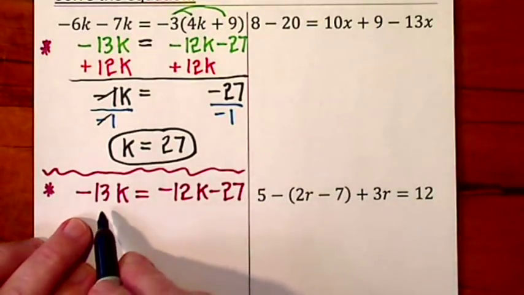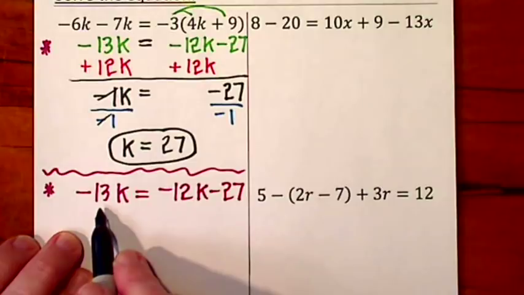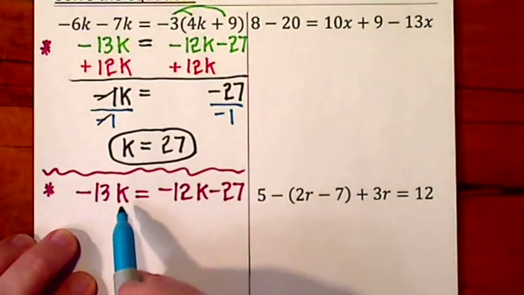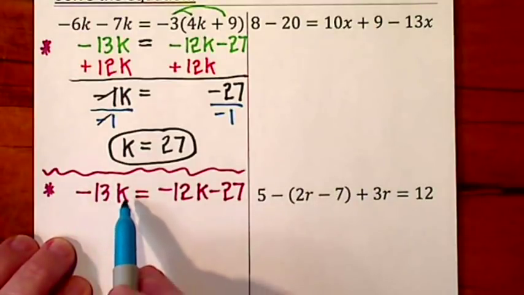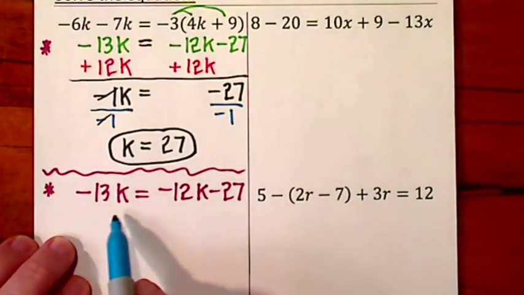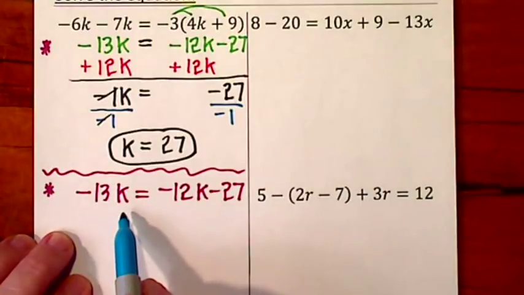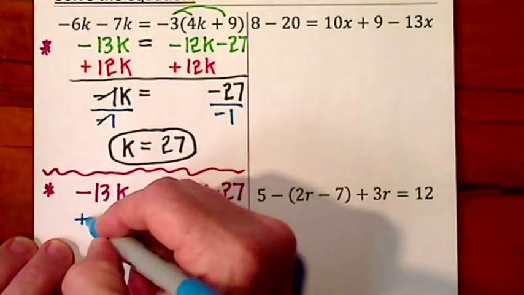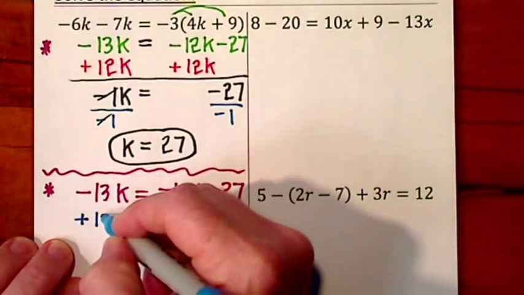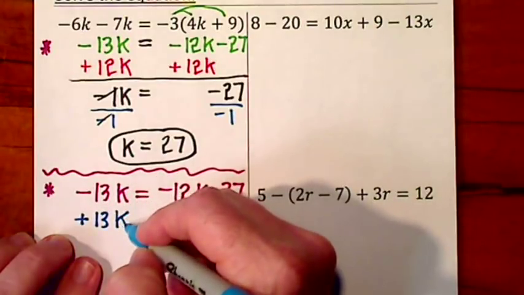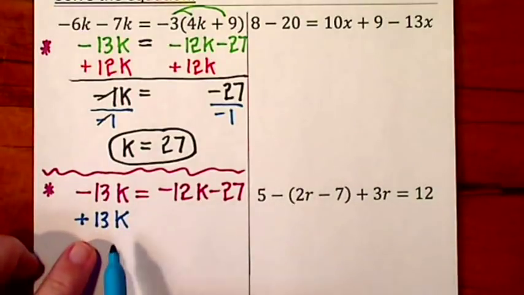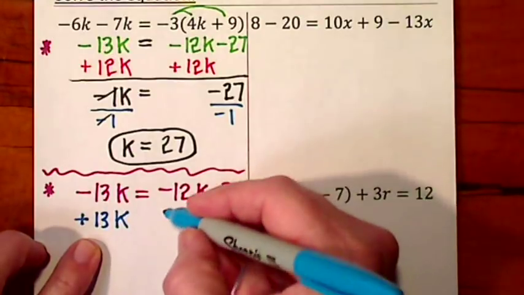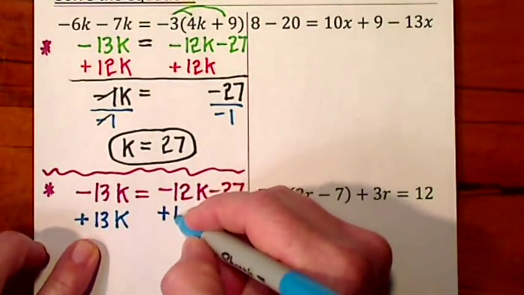If you said, well, I'm going to get rid of this -13k, this whole term is not being held by multiplication or division, so you can get rid of it with a positive 13k. So if I put a positive 13k here, I have to put a positive 13k over here.